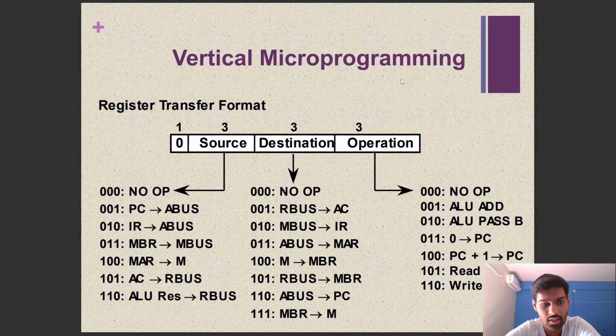In vertical microinstruction, first we have source, 00, then destination and operation, which operation we have to perform. For 00, no operation.